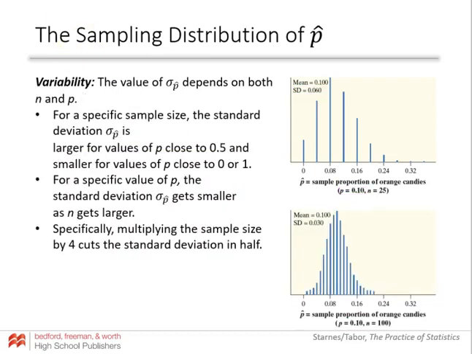Not only does P affect the variability or the standard deviation, so does N. As our sample size gets larger, our standard deviation gets smaller. If we think about that, it makes sense because generally in statistics, if I have a larger sample size, I'm going to be more accurate, which means my standard deviation would get smaller because my numbers are going to be closer together because they're all more accurate.